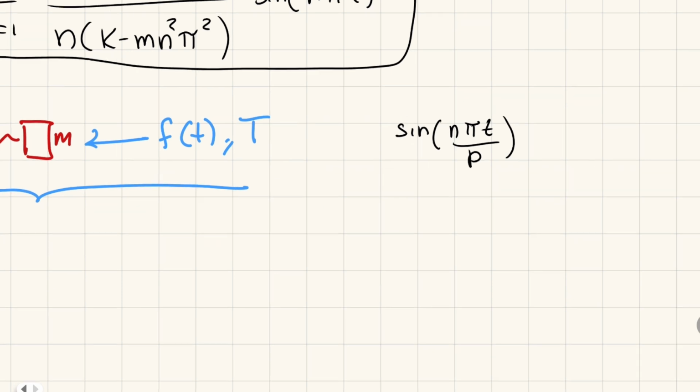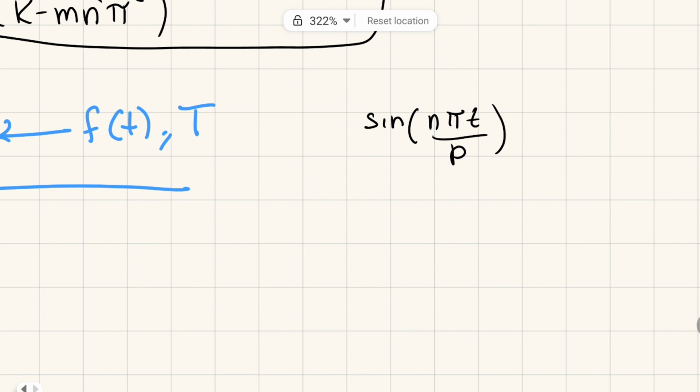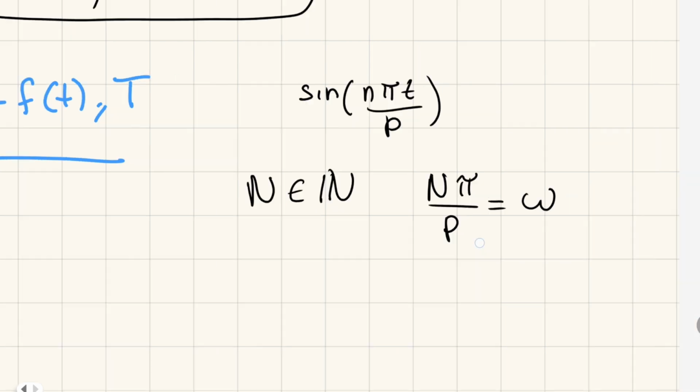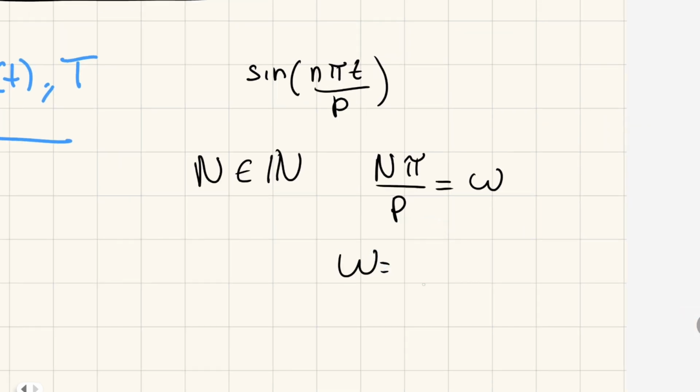It is going to be very interesting if there exists an n, which is of course a natural number, maybe an integer, but let's just think right now of natural numbers, where the quantity n pi divided by p is equal to omega, where omega is of course the square root of k over m.